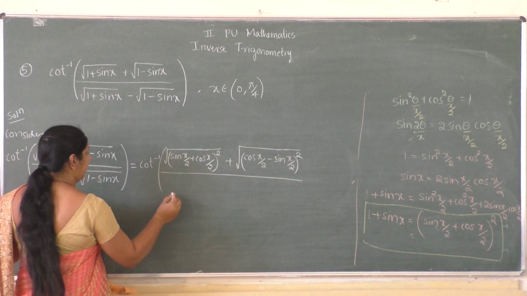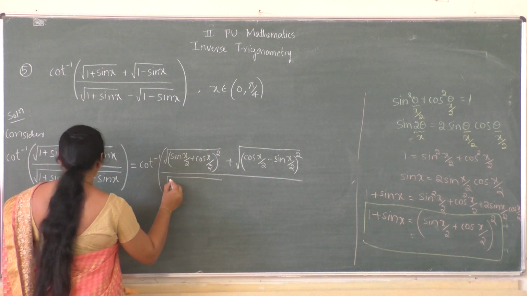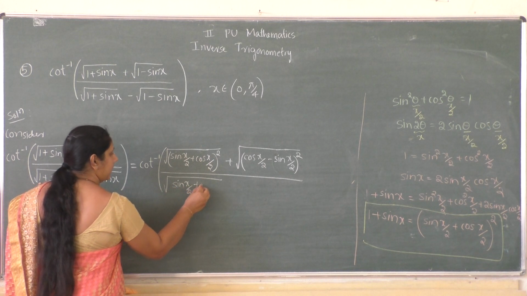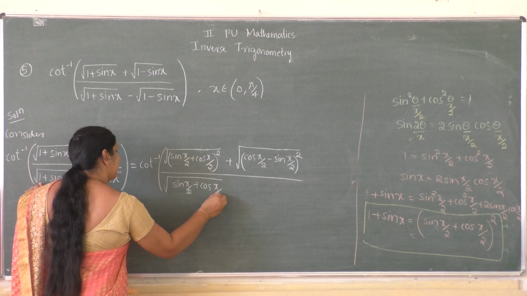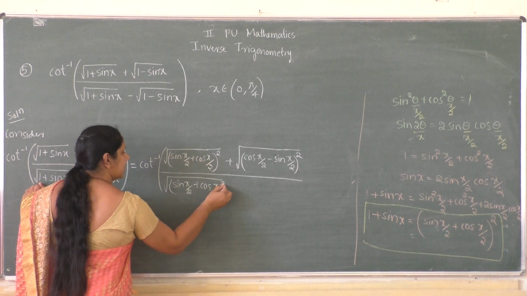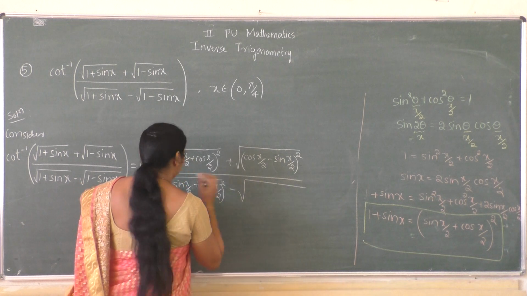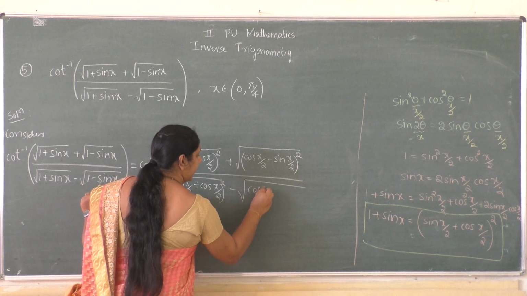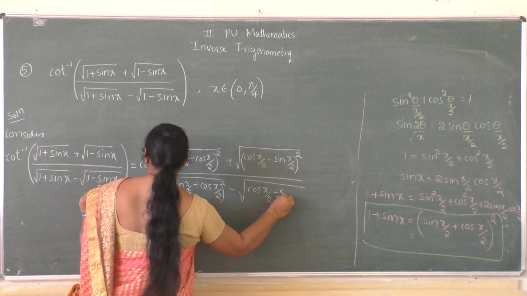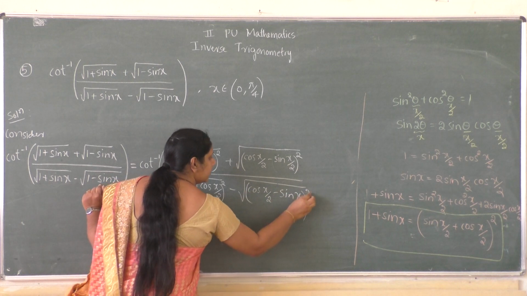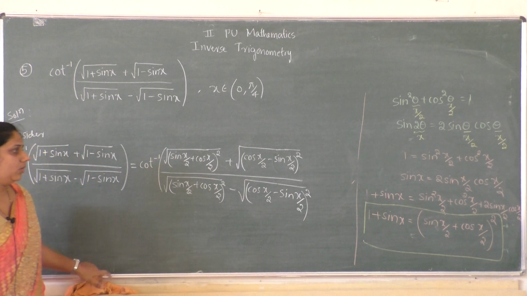again the denominator same. In the place of 1 plus sin x, you have to write sin x by 2 plus cos x by 2 whole square, minus root of, in the place of 1 minus sin x, you have to write cos x by 2 minus sin x by 2 whole square.